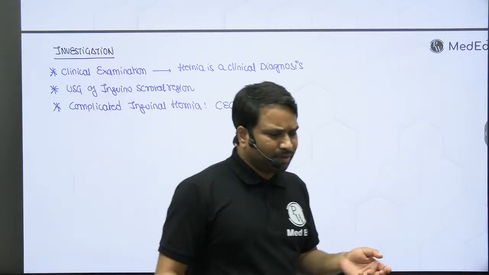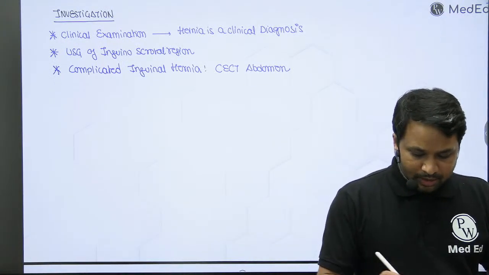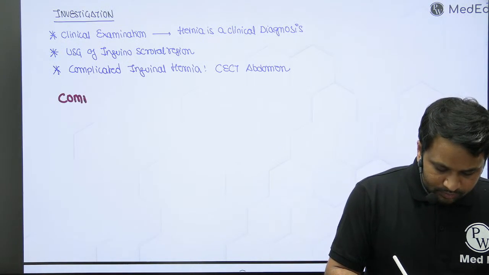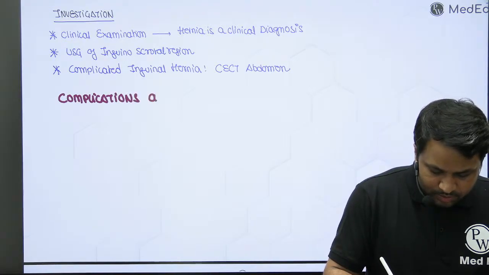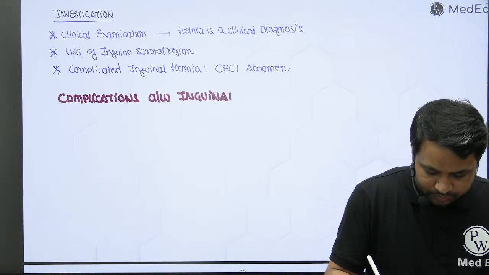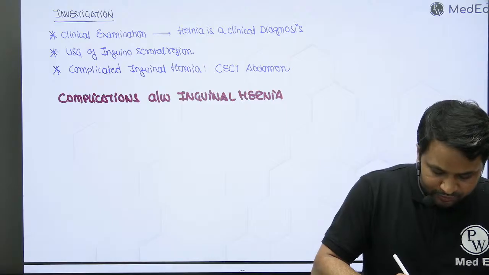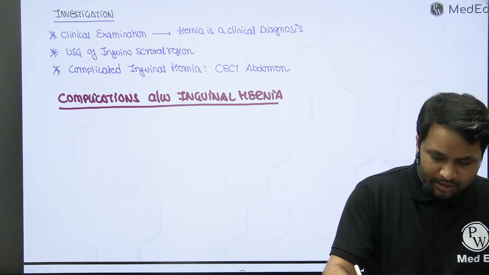Now what are the complications that you can talk about? What are the complications associated with inguinal hernia? The first complications are going to be less severe, and we'll keep on adding the more severe ones.